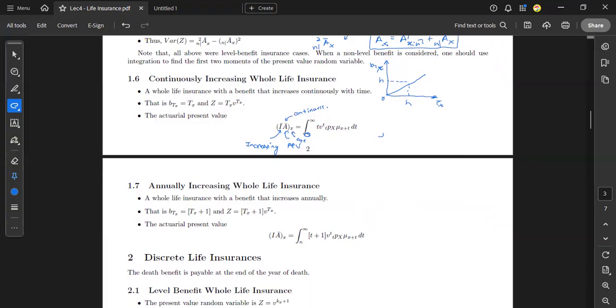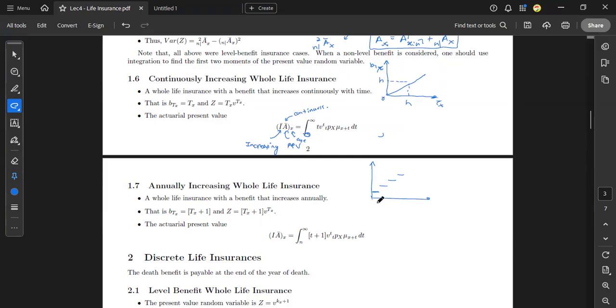For the annually increasing case, I gave an example at the beginning. So I'll indicate it as a function. From year 1 it's 1. Then the second year it's increased. Third year it's increased.